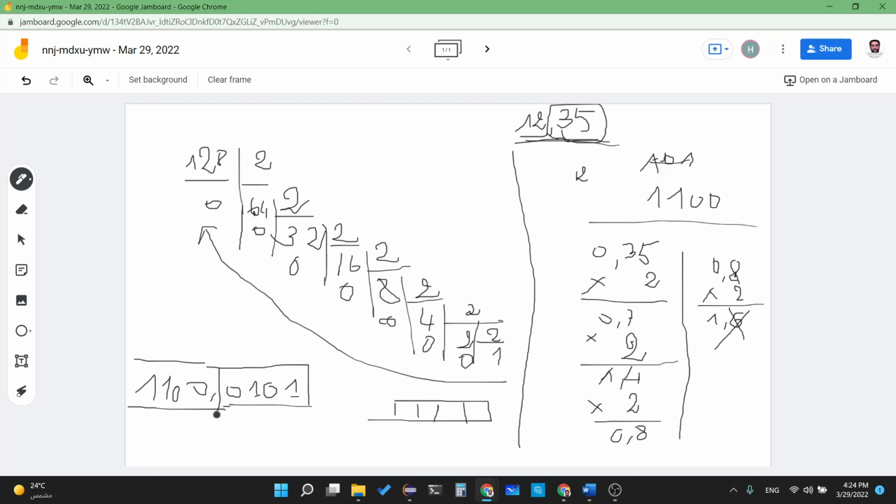Because we have to stop somewhere. We have a limited memory space, let's say. We have reserved a space of 4 bits for the fractional part. So here we have to stop somewhere. This depends on the system that you are using. Usually the exercise tells you how many fractional bits you can have, so you have to stop at that level.